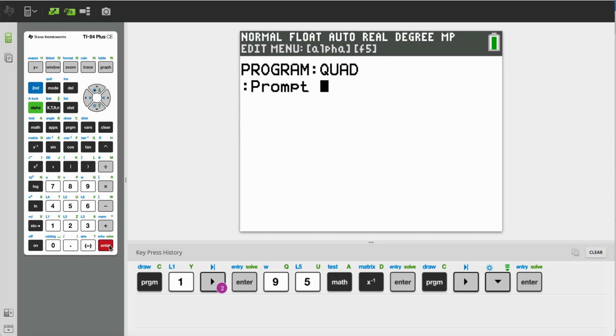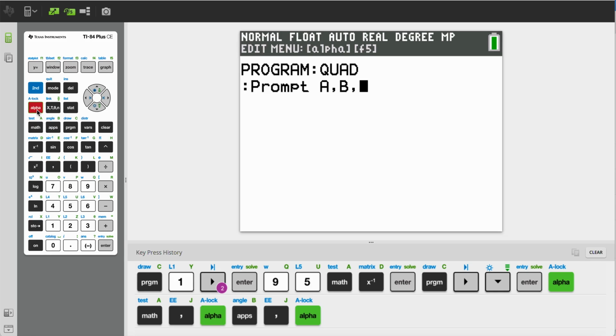And what we want now is for it to prompt for A, B, and C. So I'm going to click alpha on the other side here and click A. Then I'm going to hit the comma and then hit alpha B, then comma alpha C. The reason we're hitting alpha each time is that we are just switching it to letter mode. So we're going to prompt the user for A, B, and C, which are the three coefficients in the quadratic. Pressing return.